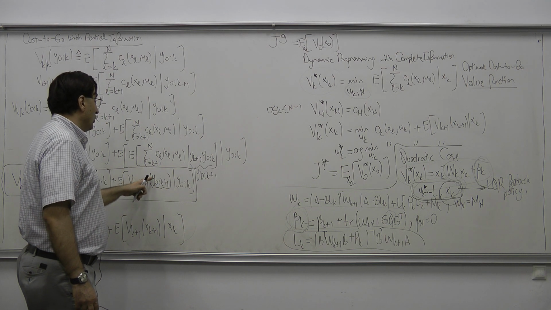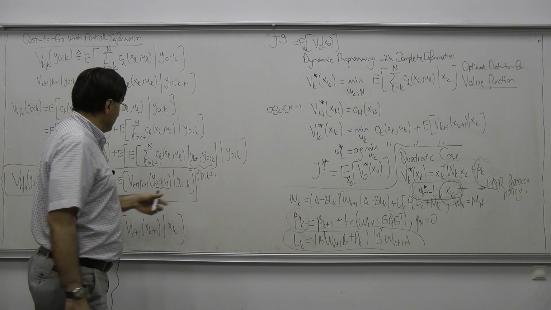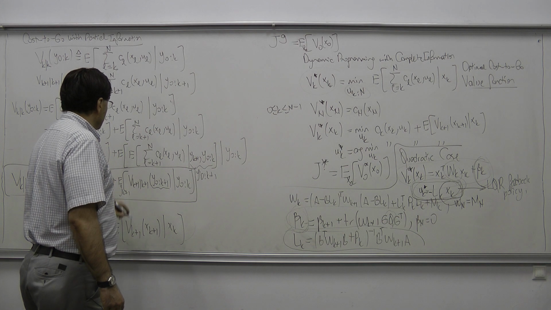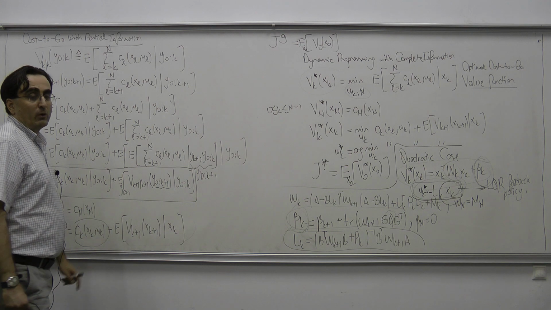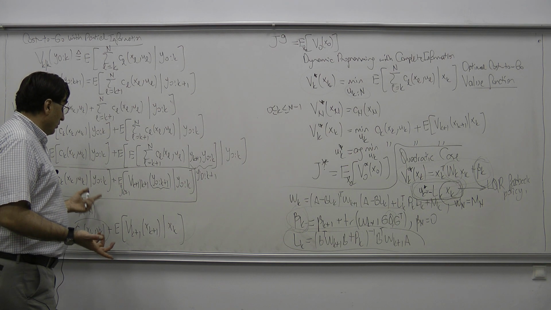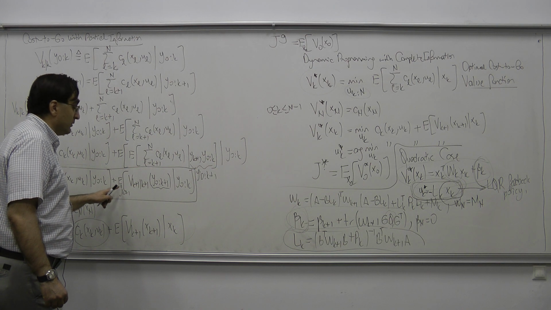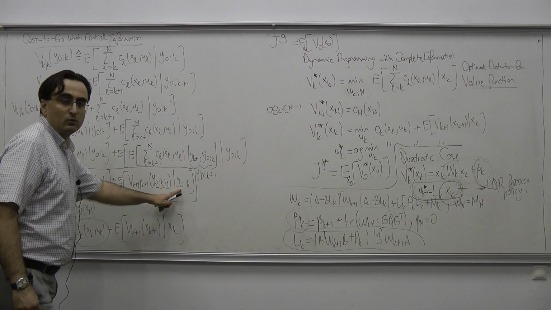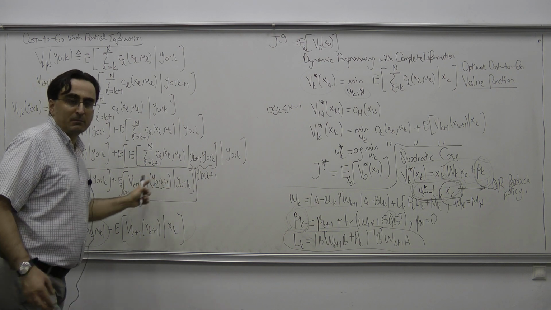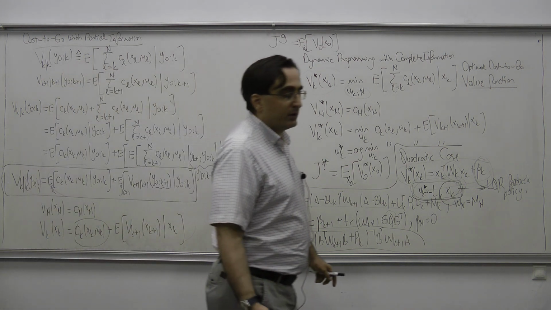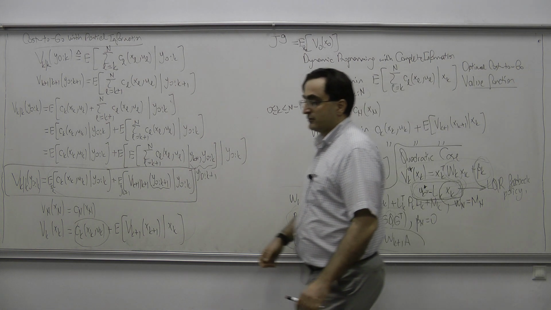So the only random quantity remaining in the second expectation is yk plus 1. So the second expectation is with respect to yk plus 1, using the density of yk plus 1 given y0k. But this is the predicted measurement density that can be calculated using the Kalman filter results. All right?